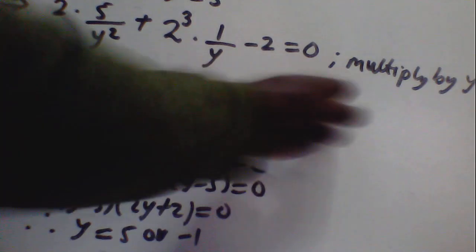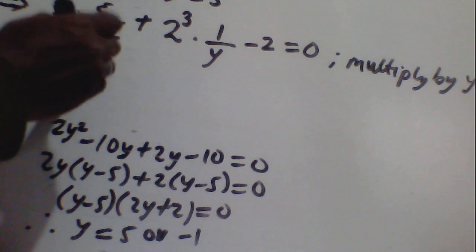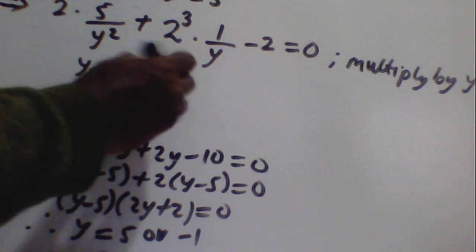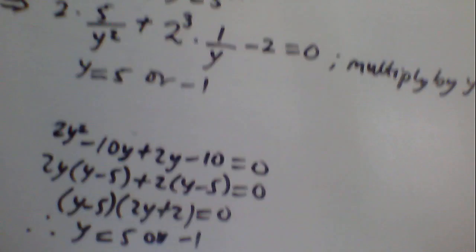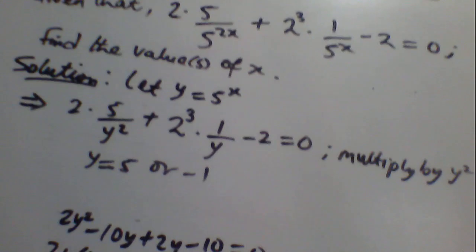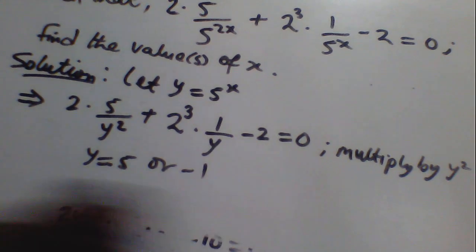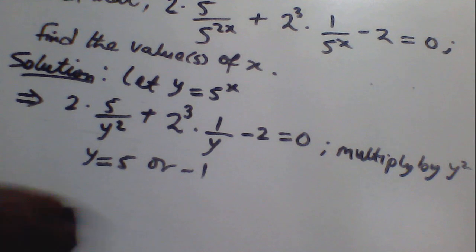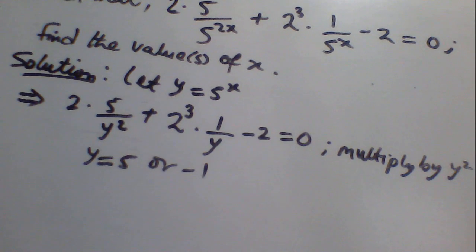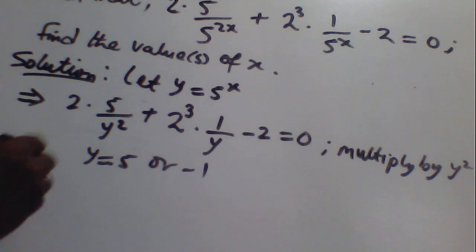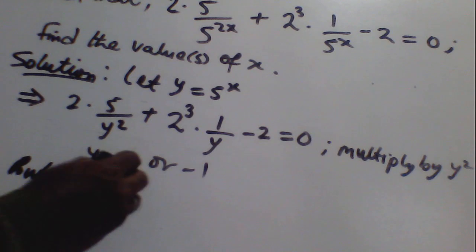Let me clean this side, we have space. We have that y equals 5 or minus 1. We know that y equals 5 raised to the power x, so we now replace y with 5 raised to the power x.